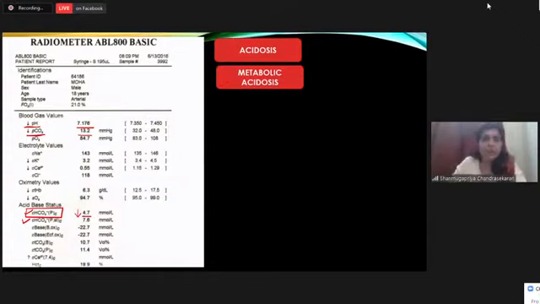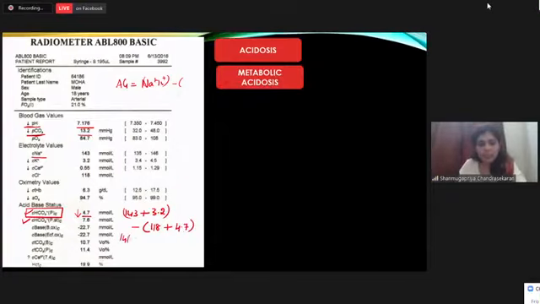Now calculate anion gap. What is the formula for anion gap? It is sodium plus potassium minus chloride and bicarbonate. So 143 plus potassium, which is 3.2, minus chloride, which is 118, plus bicarbonate, which is 4.7.